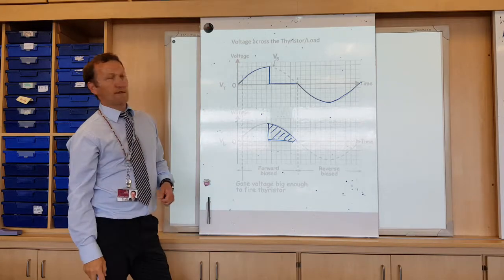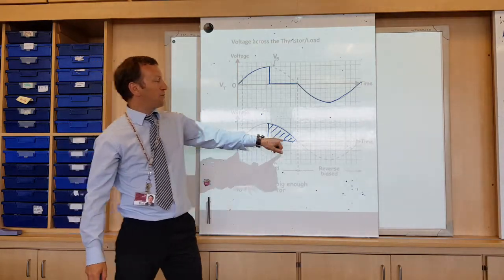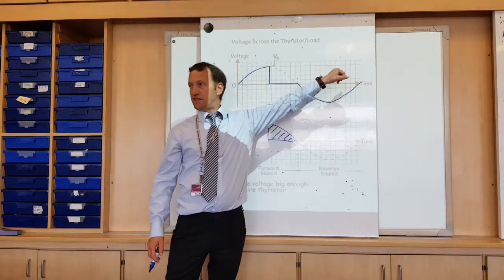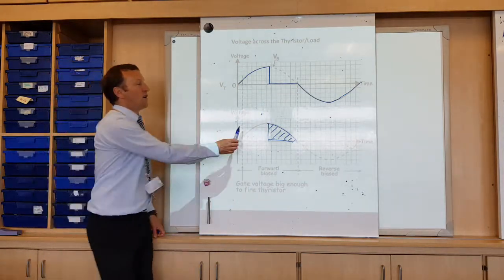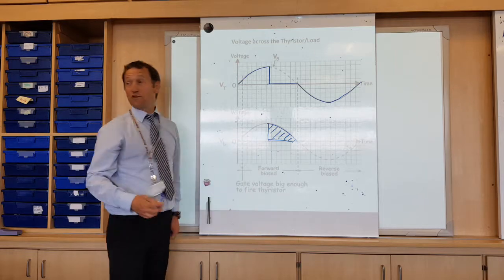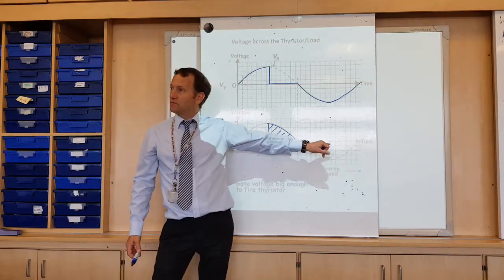Will it be on for the minus? No, because the thyristor will always be off when it's negative voltage across it. So you just get that bit there, and we can effectively move that one. So it's only actually ever on fully half the time.